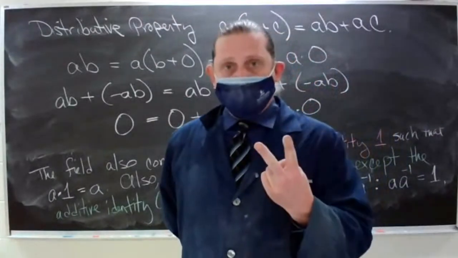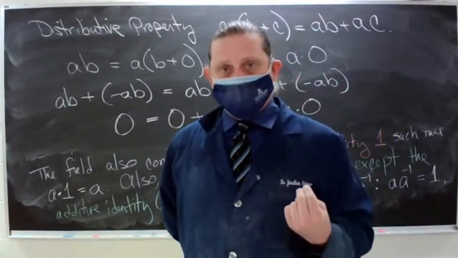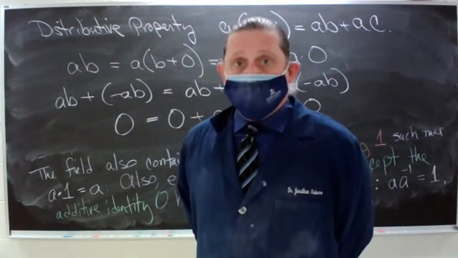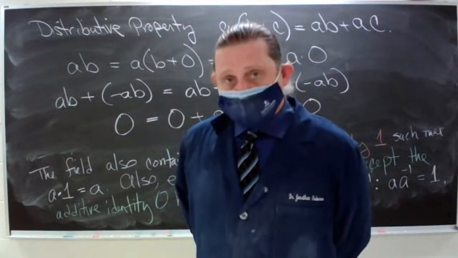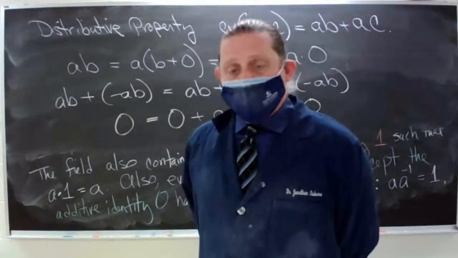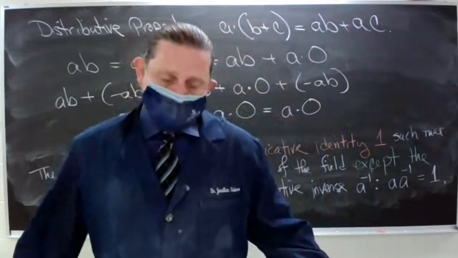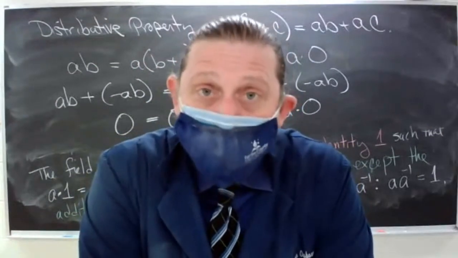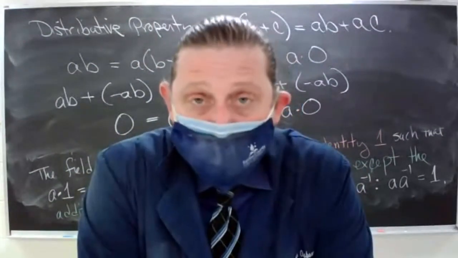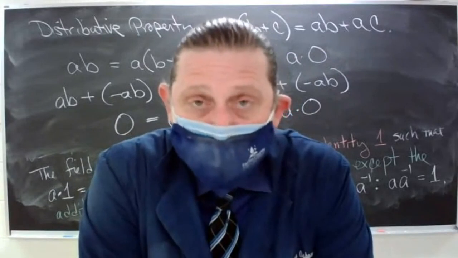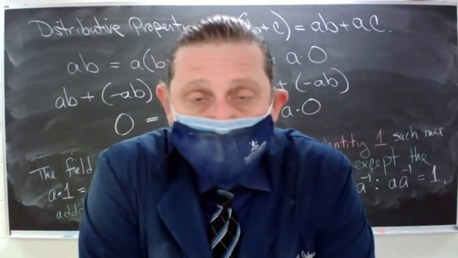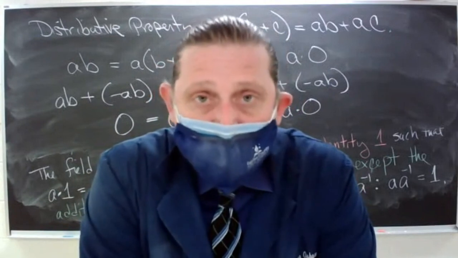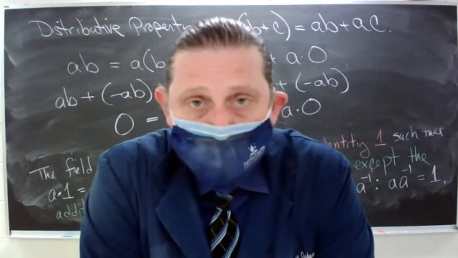A field, two operations, addition and multiplication, under which it is closed. Both are commutative and associative. There's an additive identity, we'll call it 0. Every element in the field has an additive inverse, such that the element plus its additive inverse is equal to the additive identity.